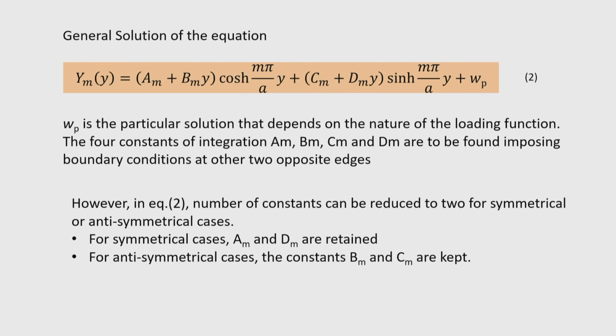So we retain this term, and sinh(m pi y by a) is an antisymmetric term. So C_m sinh(m pi y by a), this term along with the coefficient B_m y, have to be kept in case of antisymmetric loading. So for symmetric cases A_m and D_m are retained. For antisymmetric cases the constants B_m and C_m are kept.